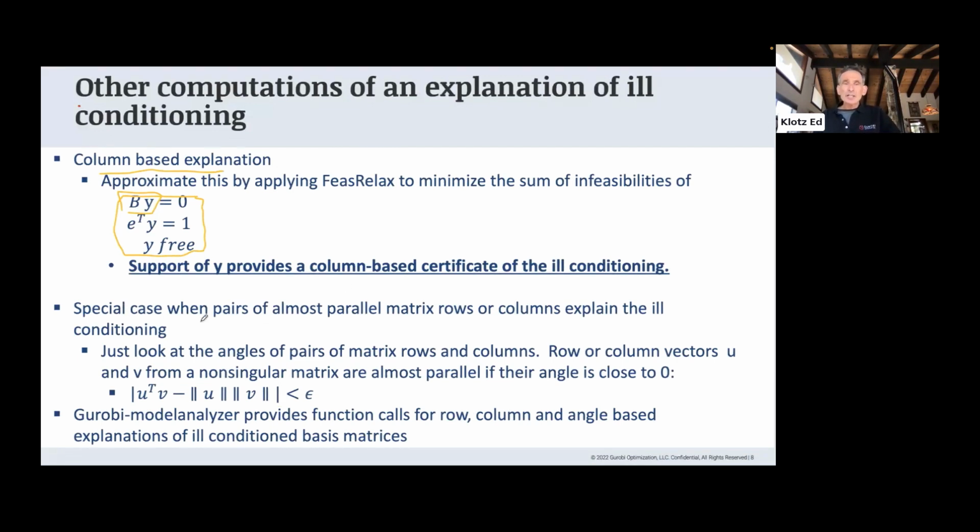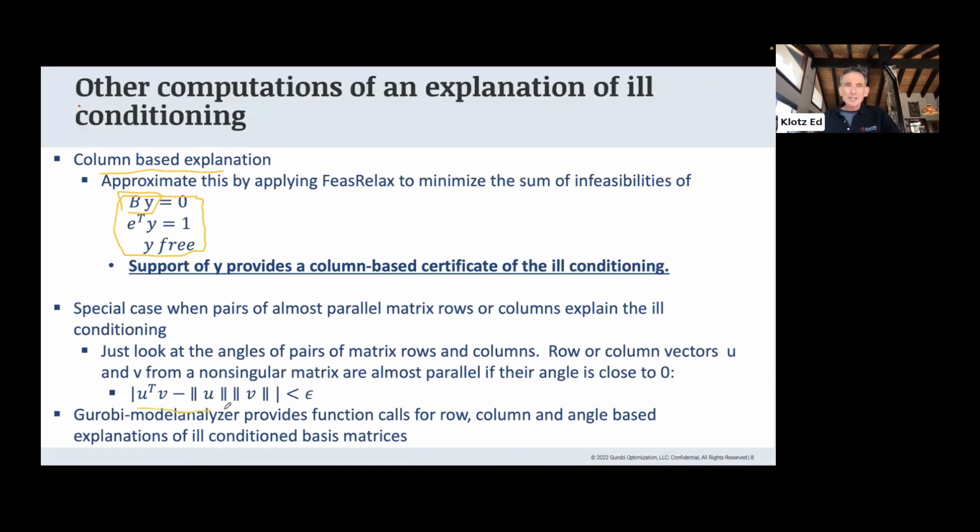And then lastly, ill conditioning can also occur in a simpler case where you have pairs of almost parallel rows or columns in the basis matrix, and that will explain the ill conditioning. And then you don't need to solve an LP to figure that out. You can just look at angles of pairs of matrix rows and pairs of matrix columns. And if their angle is close to 0, they are almost parallel.